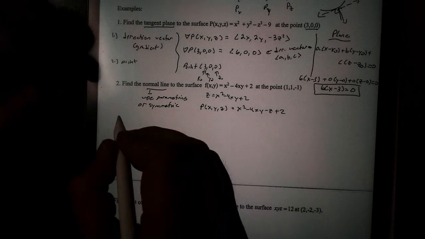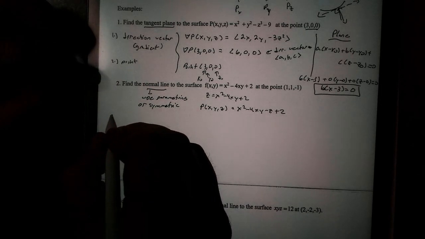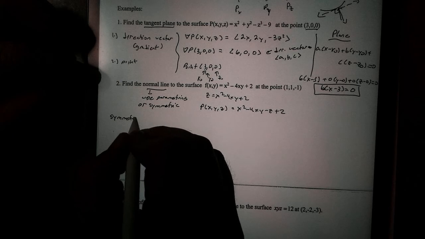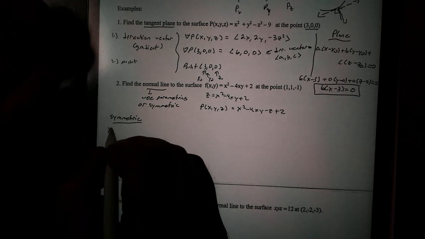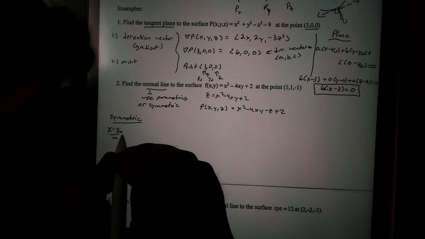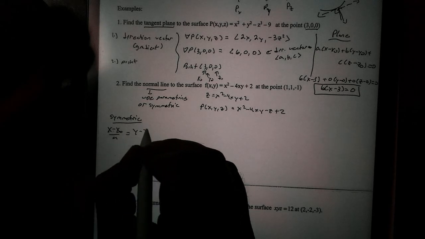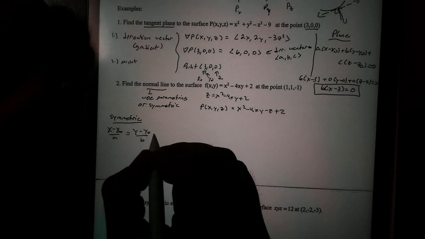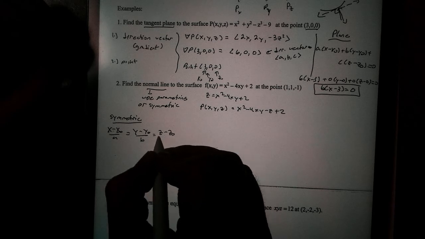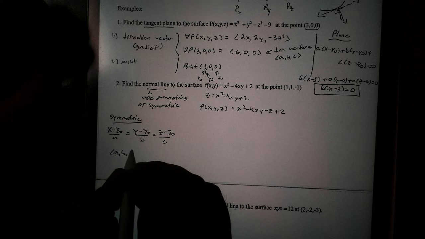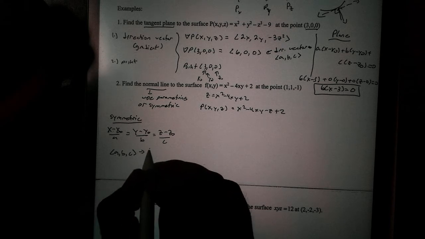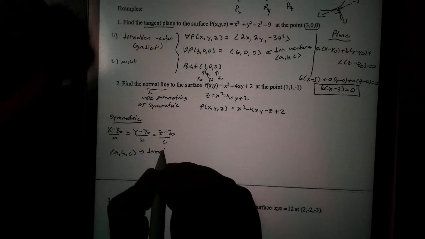So let's review our symmetric form. In symmetric form, remember the equation was x minus x naught over a equal to y minus y naught over b equal to z minus z naught over c. Remember, the a, b, and c were from my direction vector.